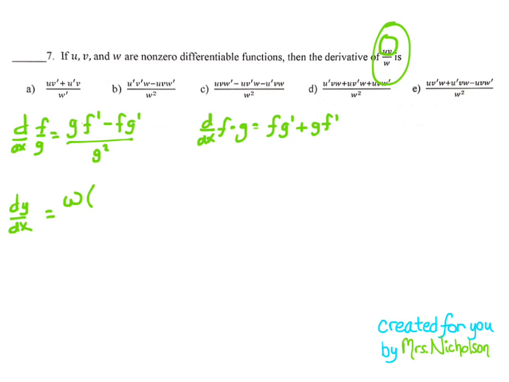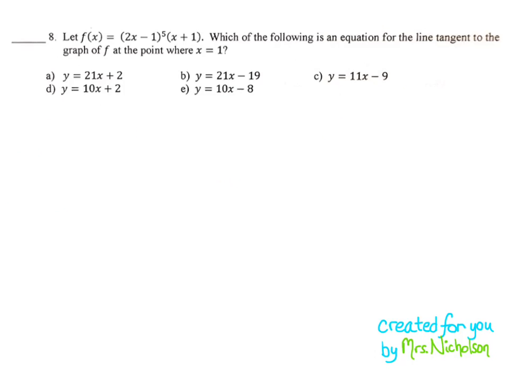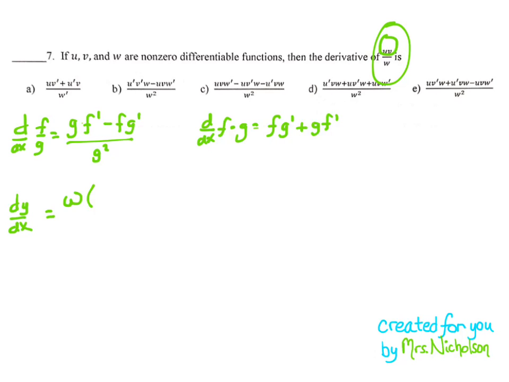I'm sorry, not the quotient rule, the product rule. And for my product, whoa, I don't know what just happened. Let me undo, redo. Oh, I just went to the next page. Sorry about that. Okay, back to f, which is u times v.